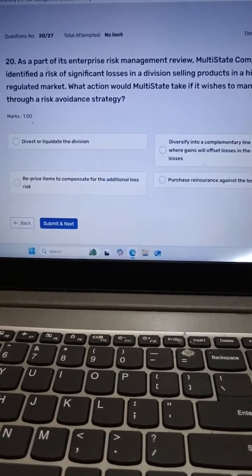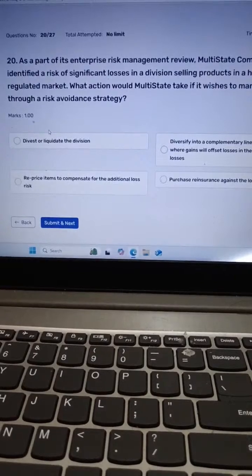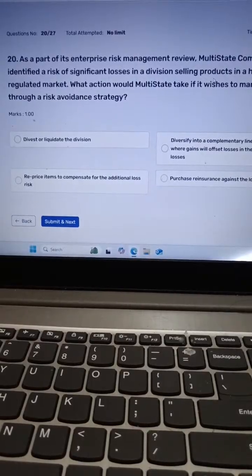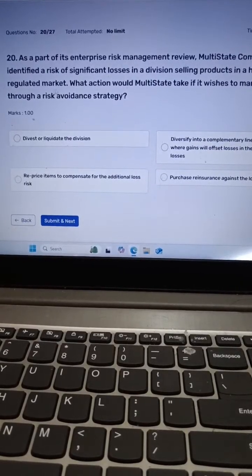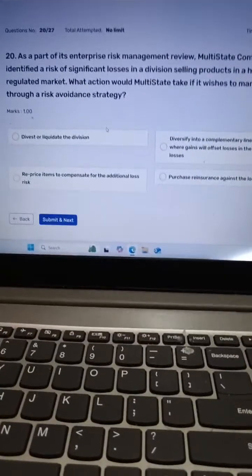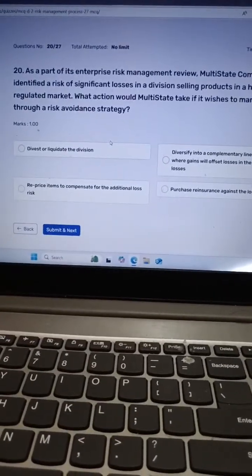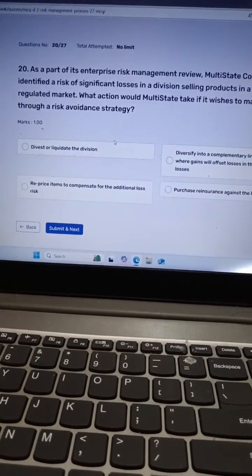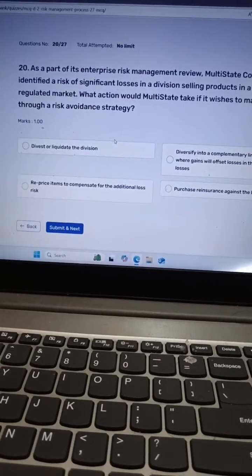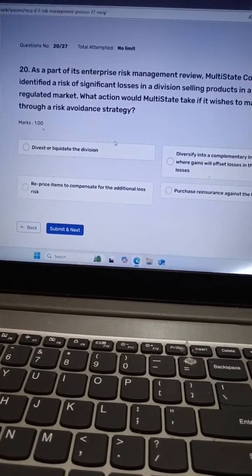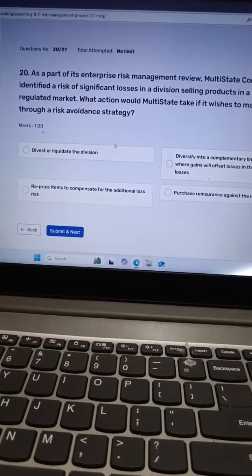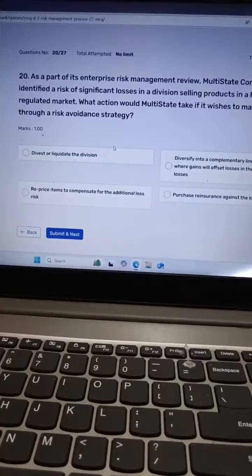What is the question exactly saying? The question is saying that management identified that one selling division is facing significant losses, right? And we are planning to implement the risk avoidance strategy. In this case, what can we do, right?